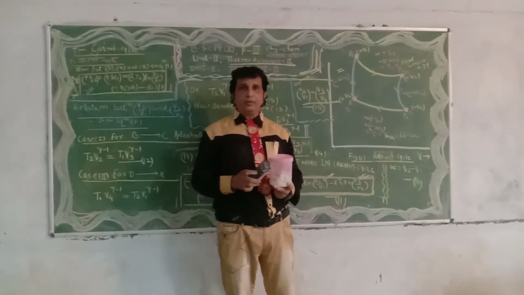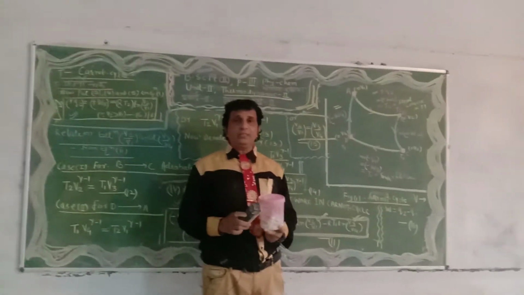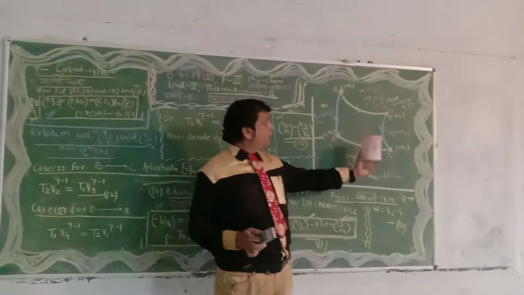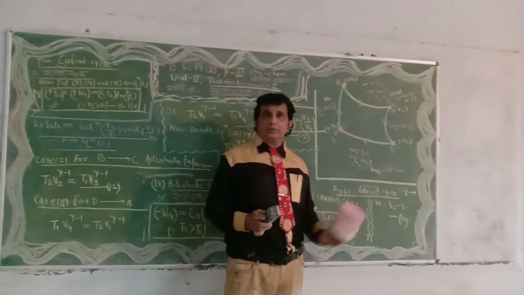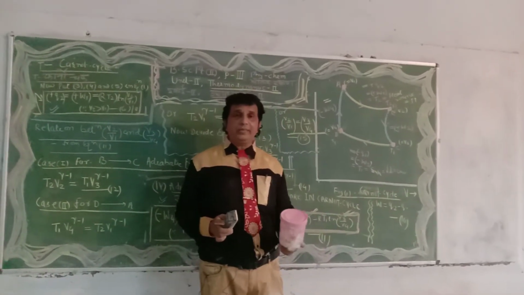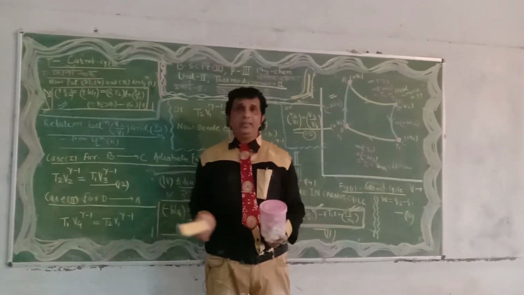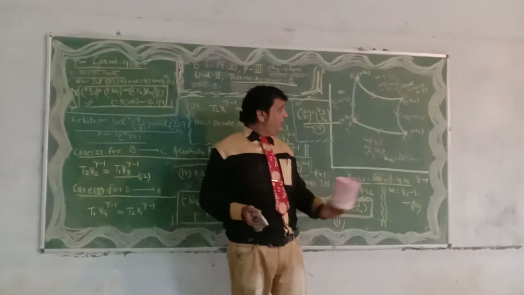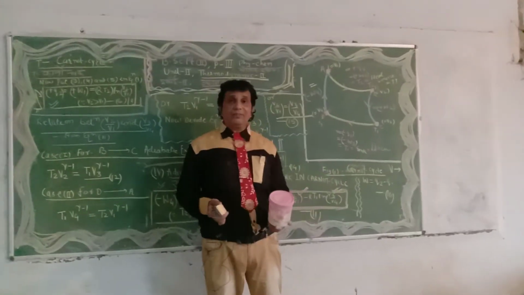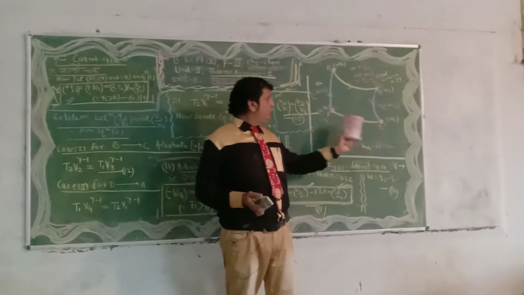The work done for the adiabatic expansion in B to C is symbolized by plus W2. This work of adiabatic expansion we also calculated yesterday in the classroom and on the blackboard.